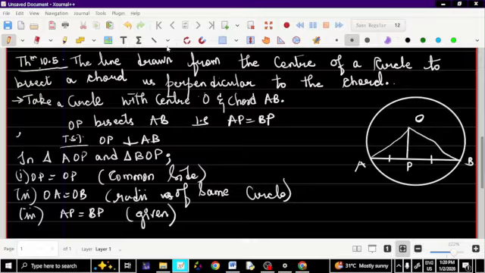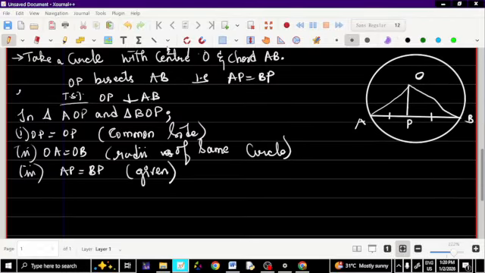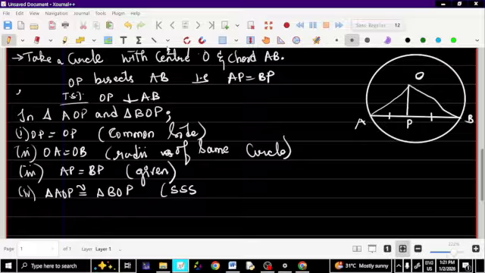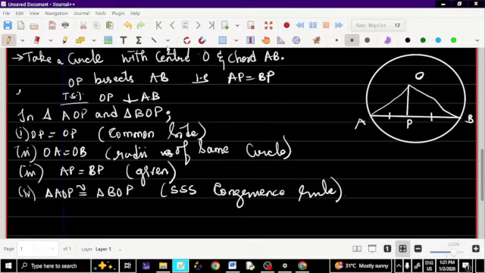So by SSS congruence rule, both the triangles are congruent. Therefore, triangle AOP is congruent to triangle BOP by SSS congruence rule. And therefore, by CPCT, angle OPA is equal to angle OPB.